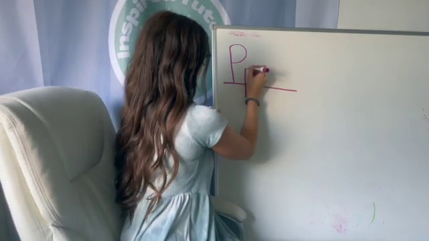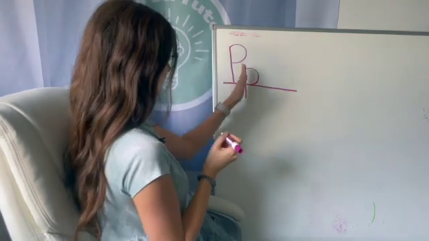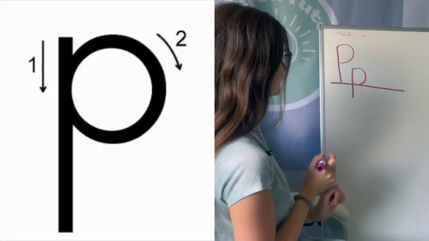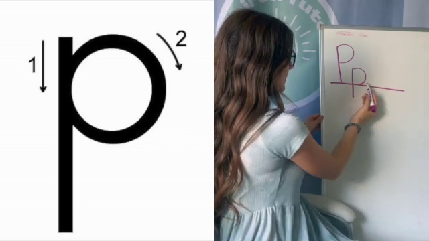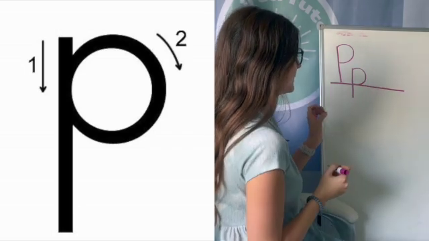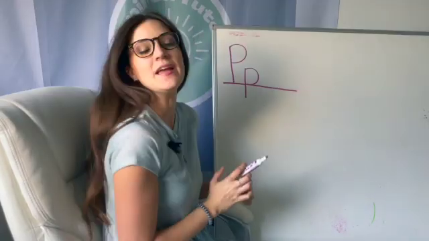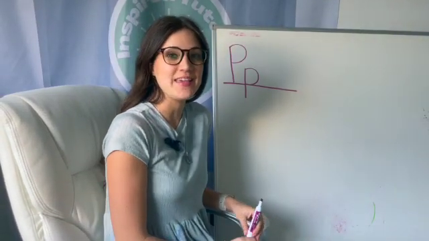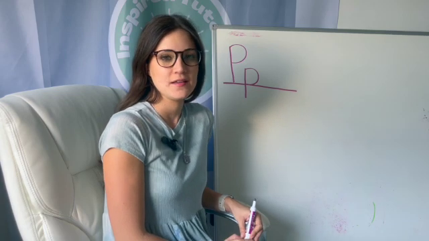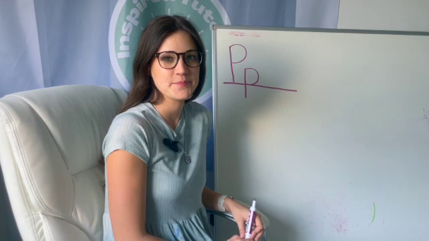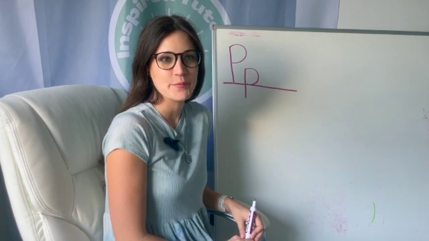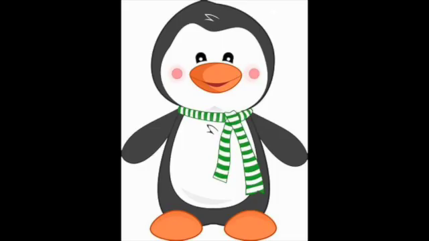We're going to have the circle there, and the line's going to come down, okay? So let's try it. Line, and then it's like a backwards C. Good job. Now remember, the letter P says P, P. Can you think of a word that starts with that sound? P. What about penguin or pig?